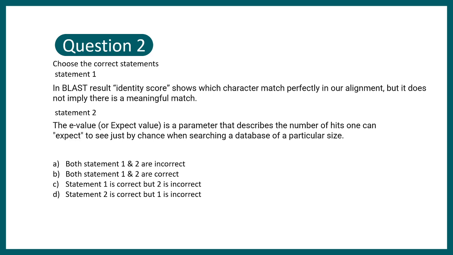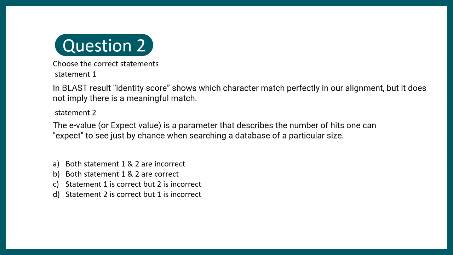Question number 2 says choose the correct statement. Statement 1 says in BLAST result, identity score shows which characters match perfectly in our alignment, but it does not imply there is a meaningful match. Statement 2 says the E value is a parameter that describes the number of hits one can expect to see just by chance when searching a database of a given size.